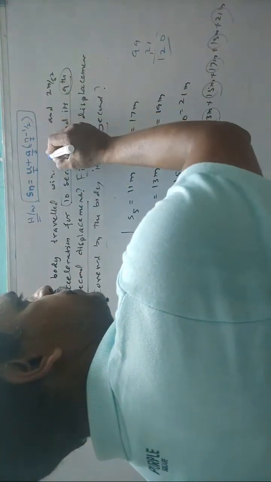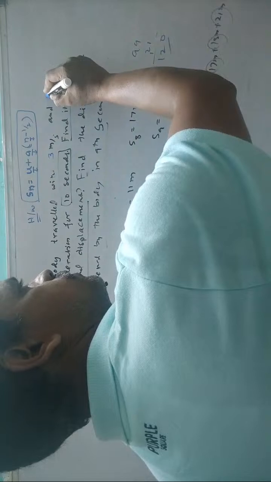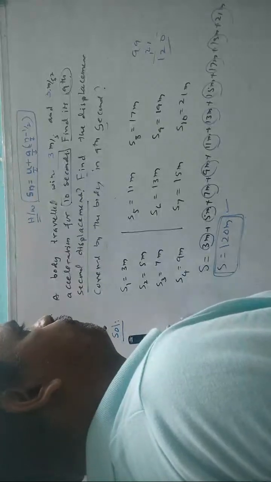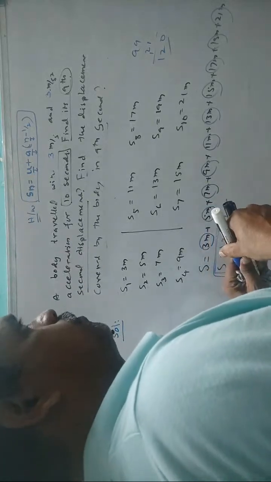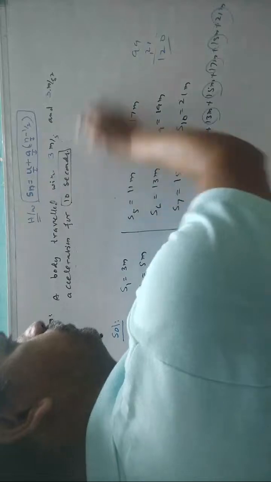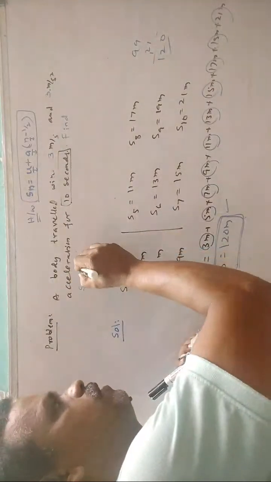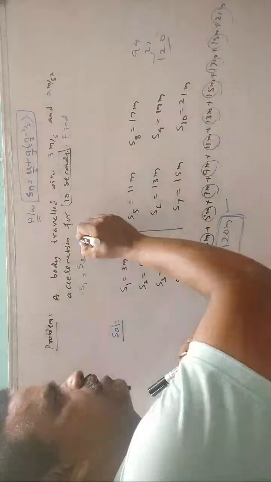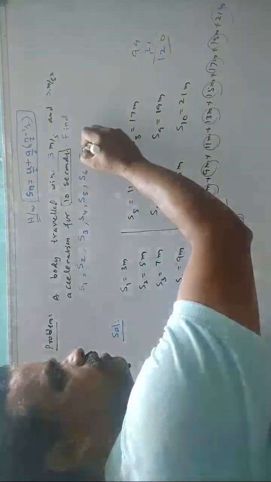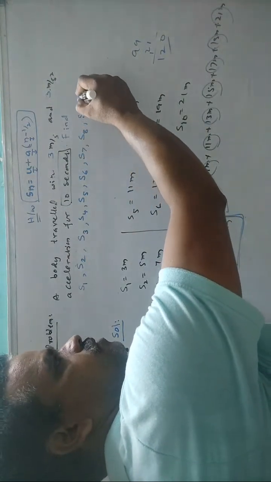So I am giving homework for you. You change 3 meter per second. Just change here 3 meter per second. Then find S1, displacement covered by the body in first second, S2 displacement covered by the body in second second, S3, S4, S5, S6, S7, S8, S9, S10.